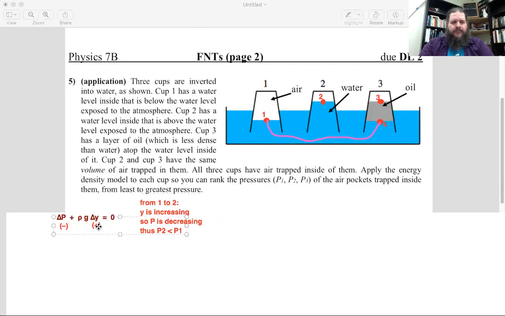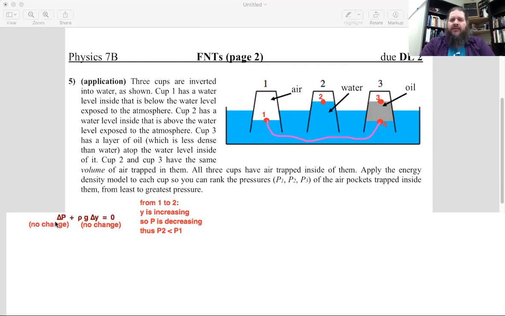They're the same height. Yeah, 1 and 4 at the same height. And if they're at the same height, what does that tell you? They have the same pressure. Yeah.